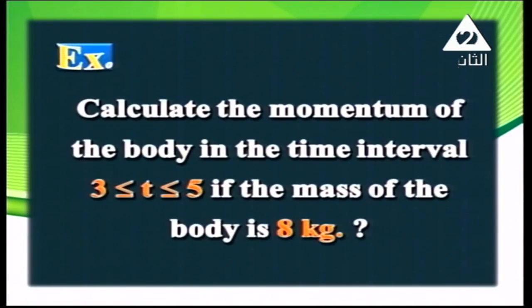Calculate the momentum of the body in the time interval t greater than or equal to 3 and less than or equal to 5, if the mass of the body is 8 kilogram.